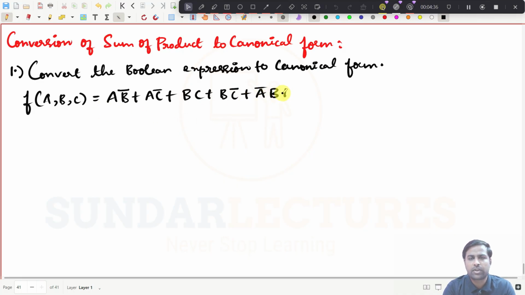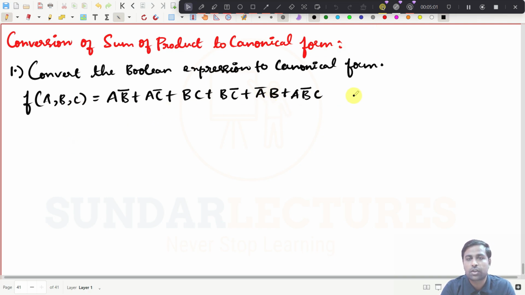And now what you need to do, you have to convert this particular function to canonical form, because you see here, you don't have any C here, B here, and A you don't have here, and also you don't have C here. So you have to convert this into canonical form.